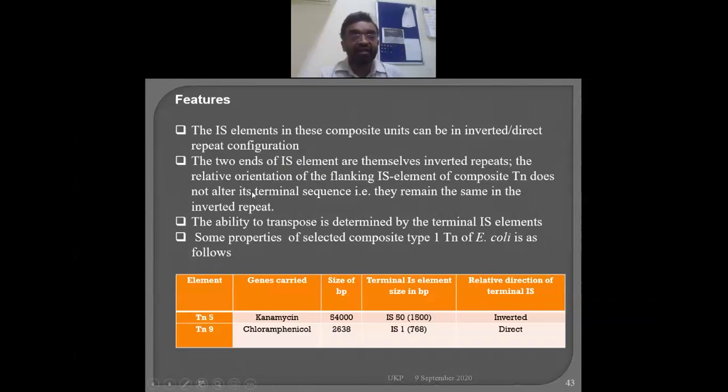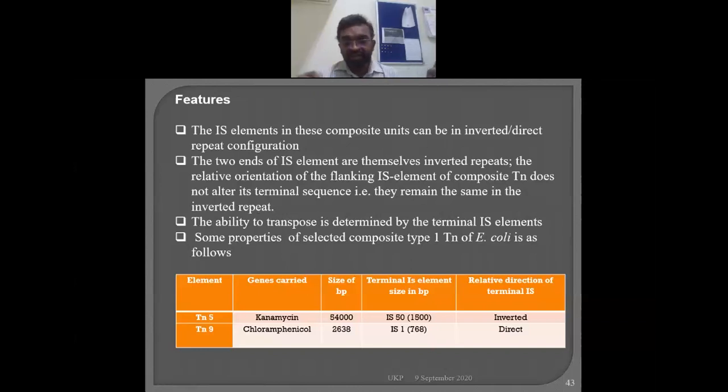Then second is that the two ends of the IS elements are themselves an inverted repeat. The relative orientation of the flanking IS elements of the composite Tn does not alter the terminal sequence. They remain the same in the inverted repeat.